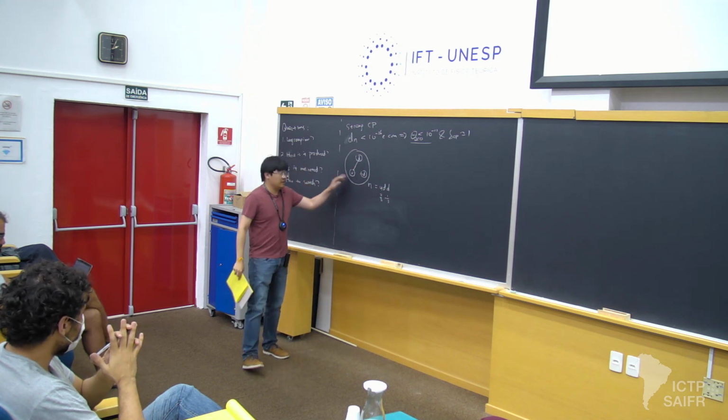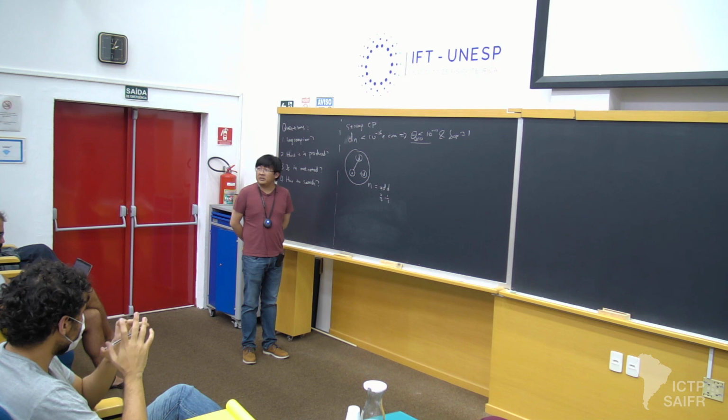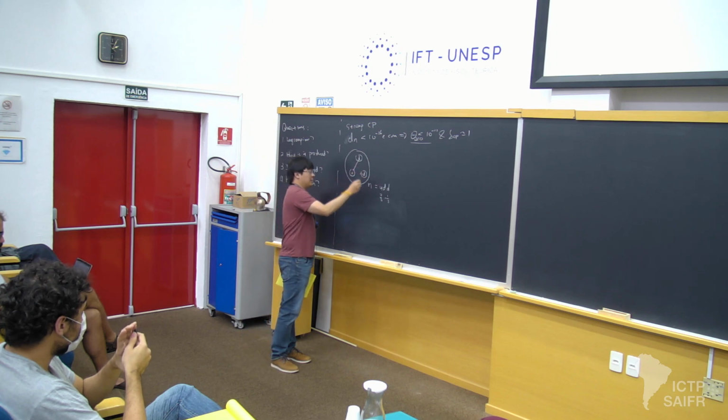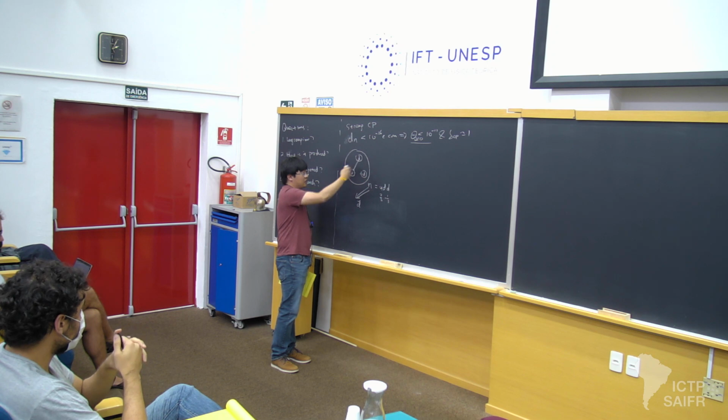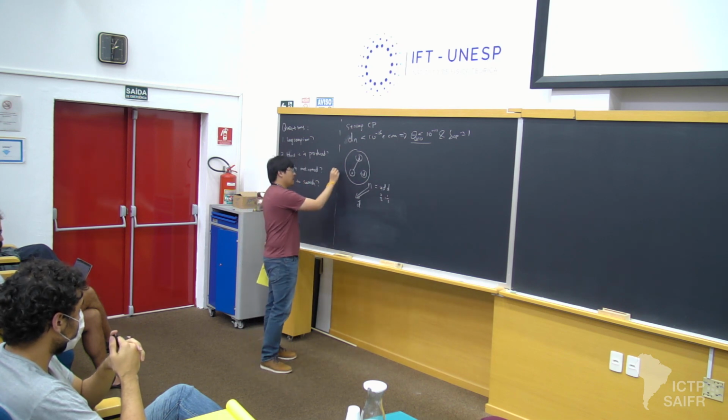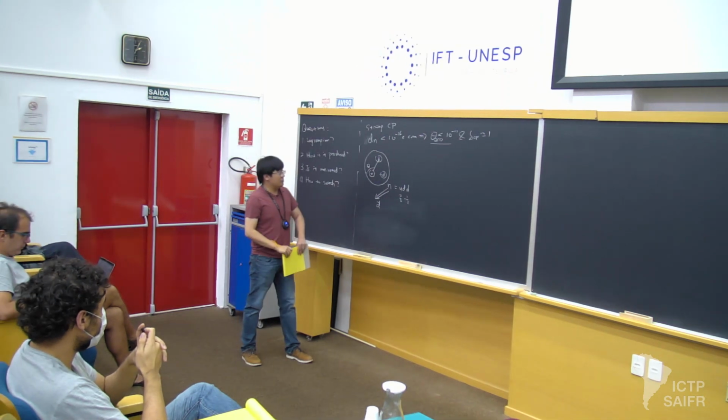If I draw it like this, does this thing have an electric dipole moment? It does, right? The dipole moment goes from the negative charge particle pointing to the positive charge particle, okay? So let's call this angle theta, and let's change theta.